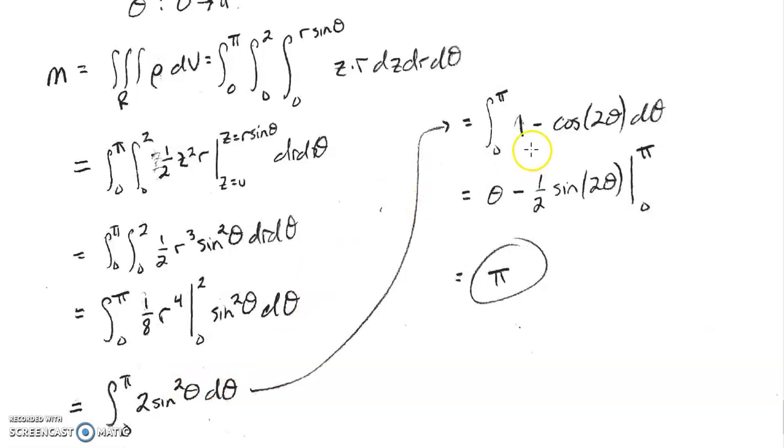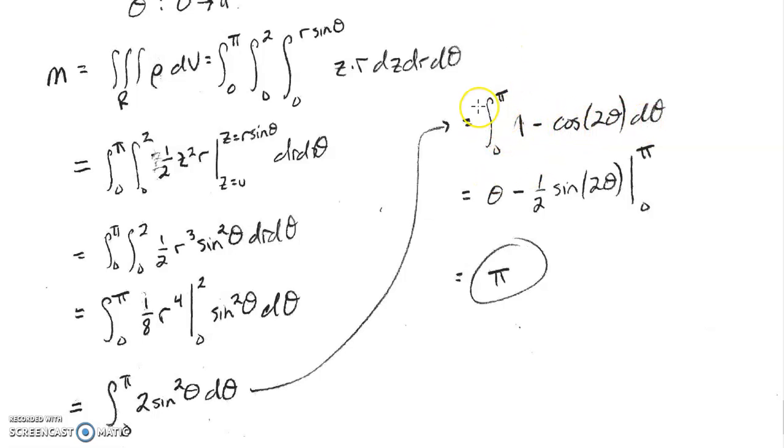Well, I got to use power reduction, double angle formulas to integrate the sine squared. You should be pretty good with that at this point, although it's been a while. It's 1 minus cosine 2 theta all over 2, but notice I had a 2 here, so they divide out and just leave me with 1 minus cosine 2 theta.